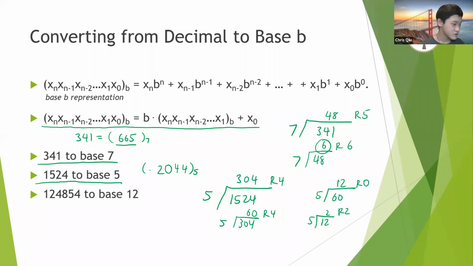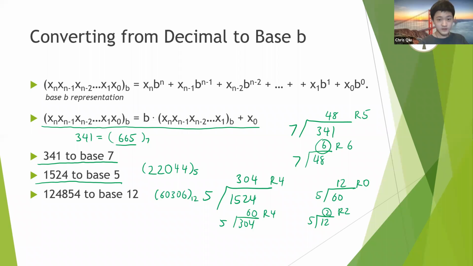And we're left with 2 for our first digit. So good job if you got this as your answer. And if you want to know the answer for the last one, it is 60306 in base 12.